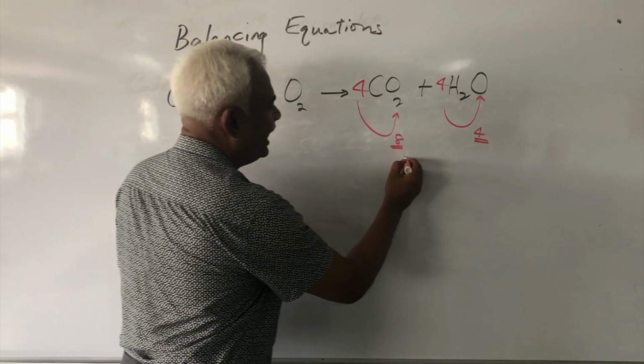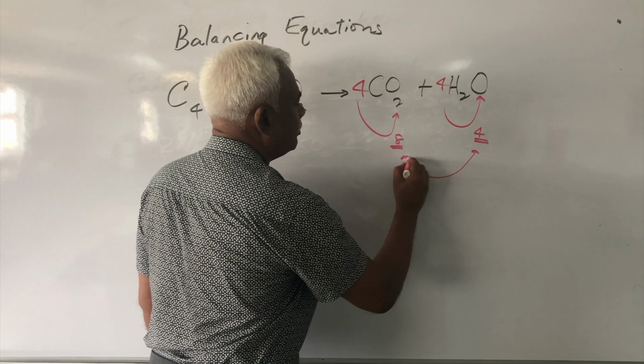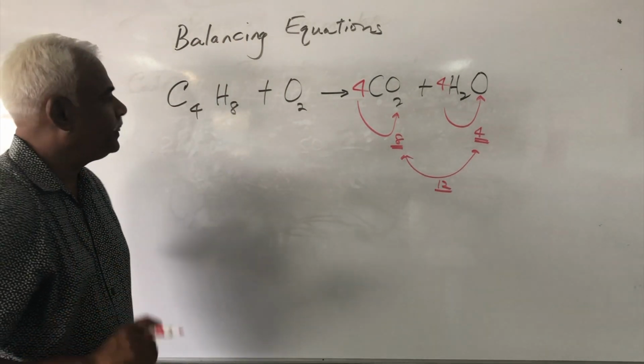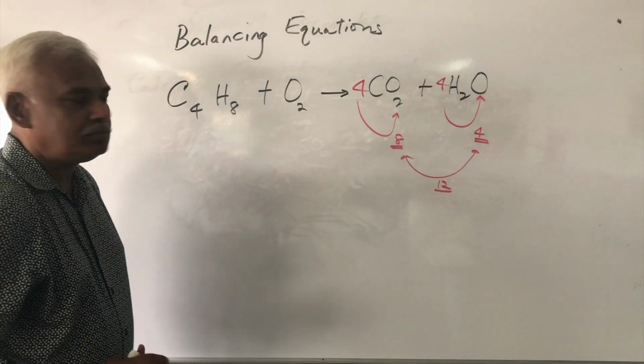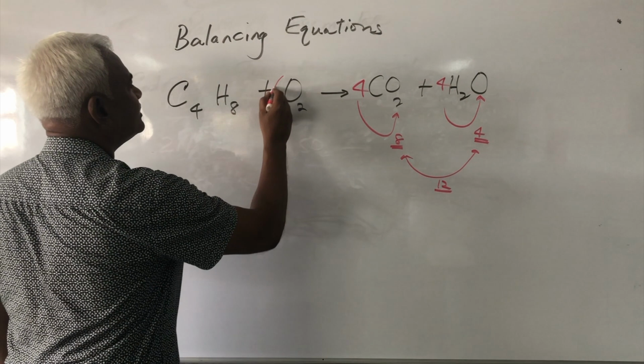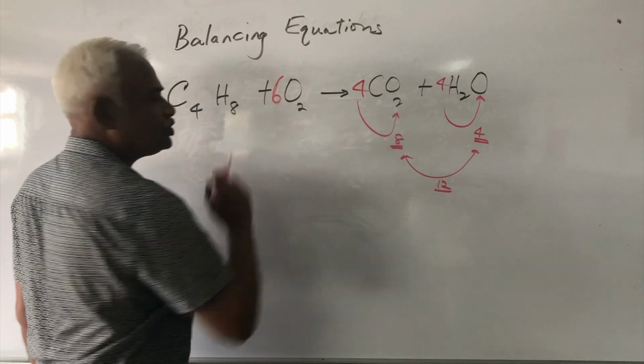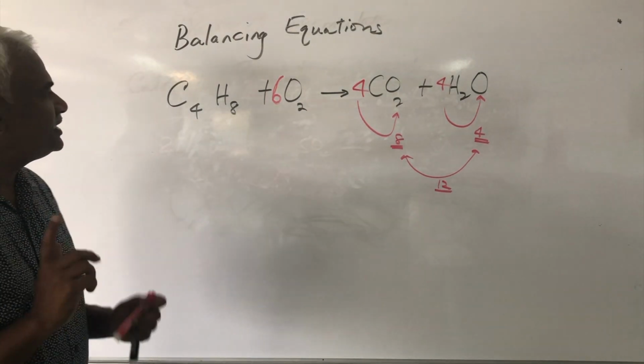In total, I will have 12 oxygens. 12. How many do I have here? I have 2. I'll put a 6. 6 times 2, 12.